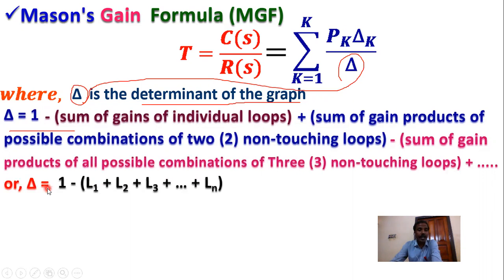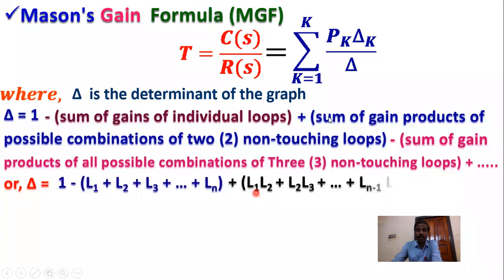So what is delta again? Delta equals 1 minus the sum of gains of individual loops. Suppose loop number 1 is L1, then L2, L3, up to Ln, meaning n number of loops. Second, plus the sum of gain products of possible combinations of two non-touching loops.